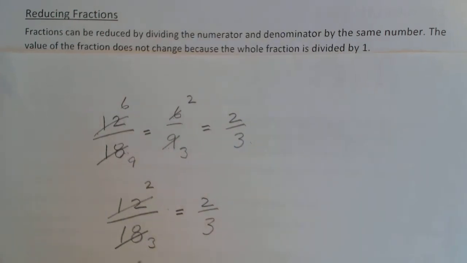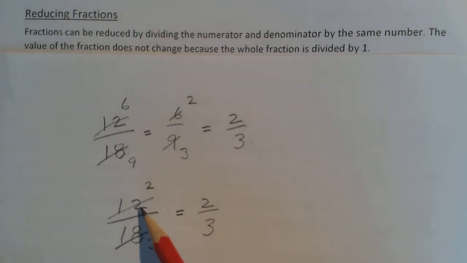So the process of reducing or simplifying fractions is to find the largest number that divides into the top number and the bottom number. And that number is called the highest common factor, HCF.